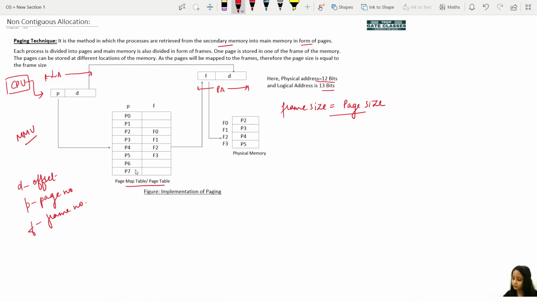One thing you have to remember here is that every process has its own page table.